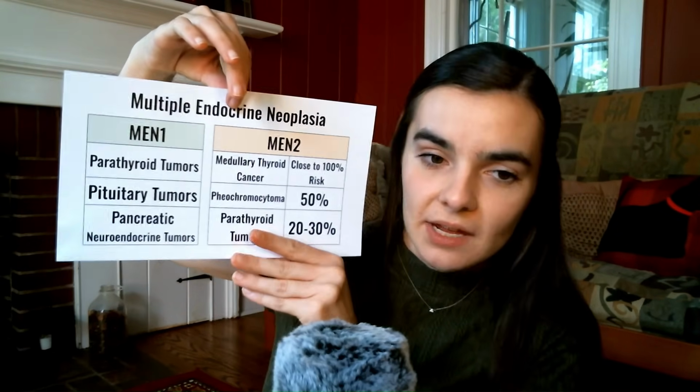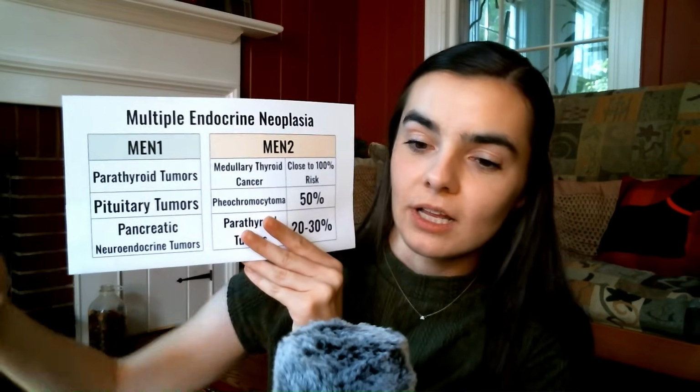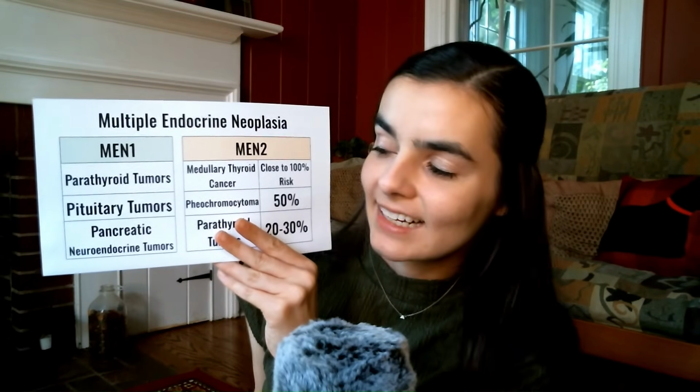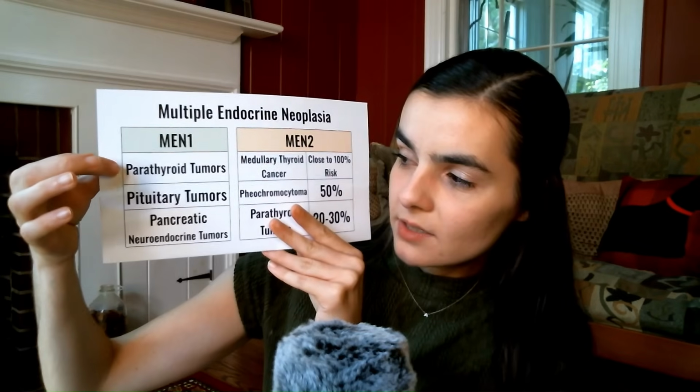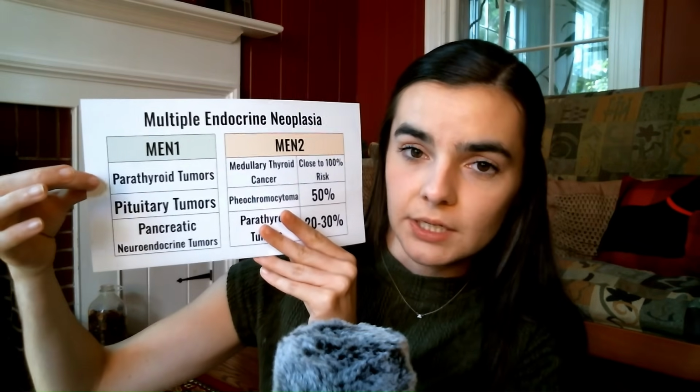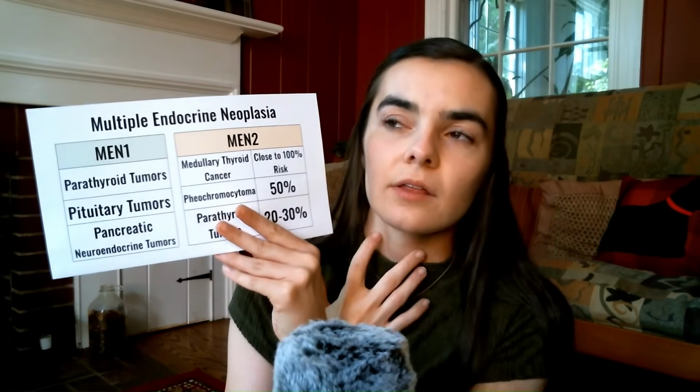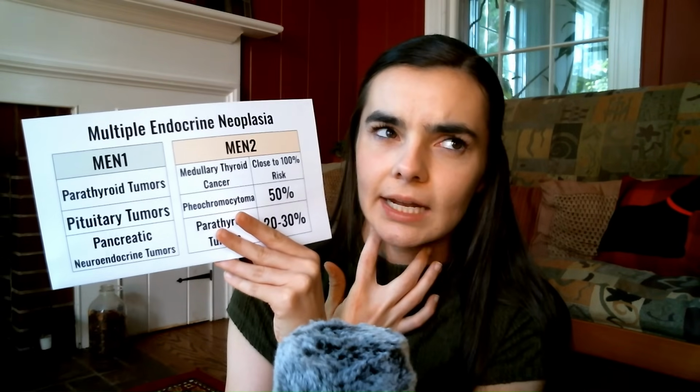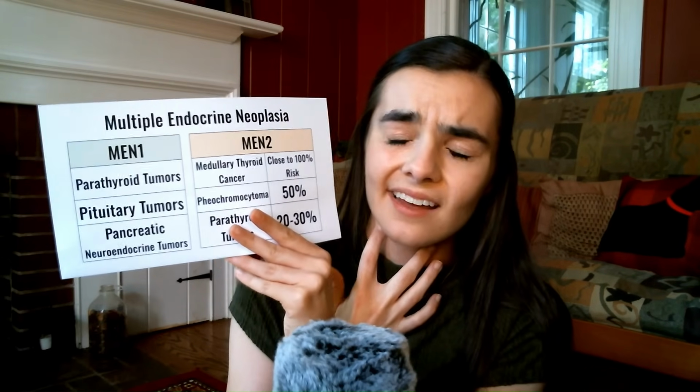And MEN1 leads to what we call the 3 Ps. And the 3 Ps are parathyroid tumors. So the parathyroid is like a gland behind your thyroid gland, I think.